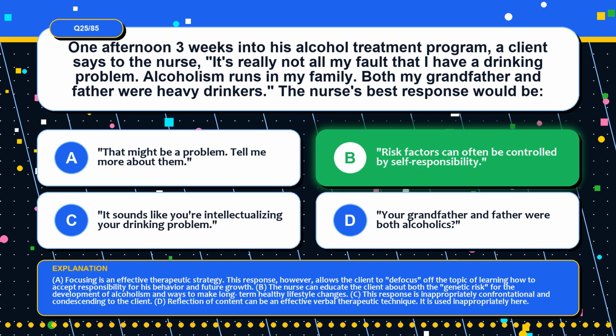B. The nurse can educate the client about both the genetic risk for the development of alcoholism and ways to make long-term healthy lifestyle changes. C. This response is inappropriately confrontational and condescending to the client. D. Reflection of content can be an effective verbal therapeutic technique. It is used inappropriately here.